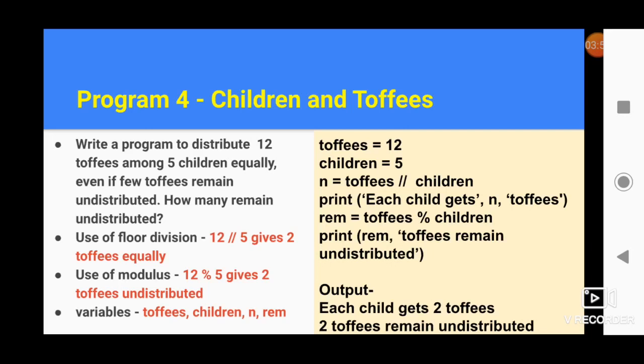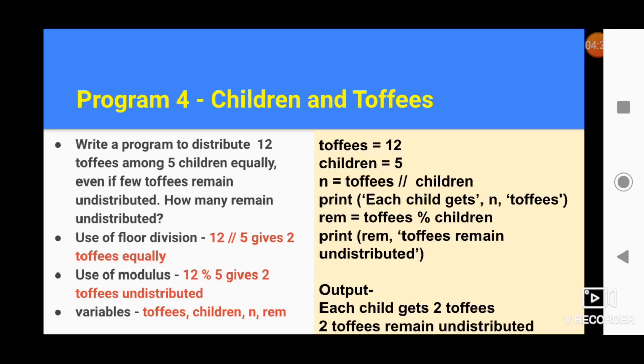Now an interesting thing to note here is that the word toffees used as a string literal in this fourth line of the print statement is absolutely different from the word toffees used in the first line of the program, in which it represents the identifier of a variable.